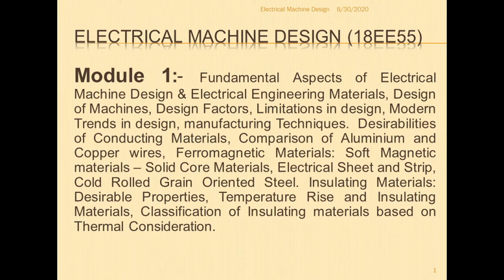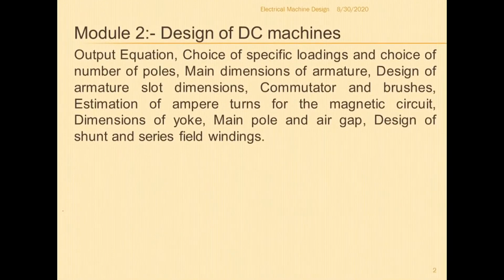Now coming to module number 2, that is design of DC machines. So here also you will be learning about the output equation, the equation which describes the output of DC machine. Here DC machine includes both DC motor and DC generator also.